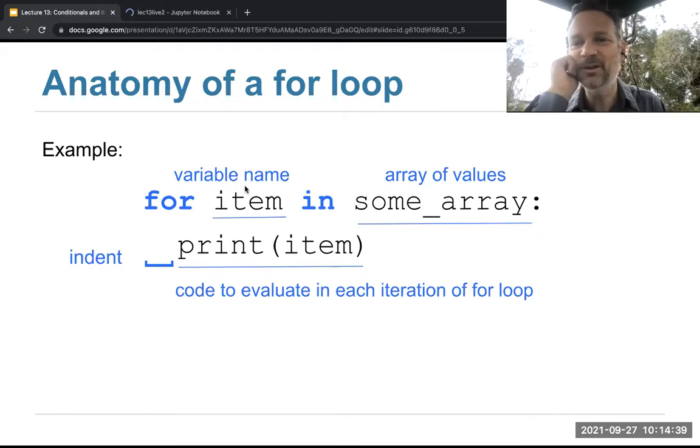A for loop lets you do something for each element of an array, and the something that you do is specified by code underneath the word for. In other words, it's the code that's in the body of this for loop. But yeah, good connection that you drew there.